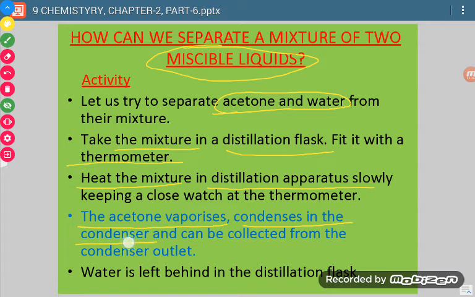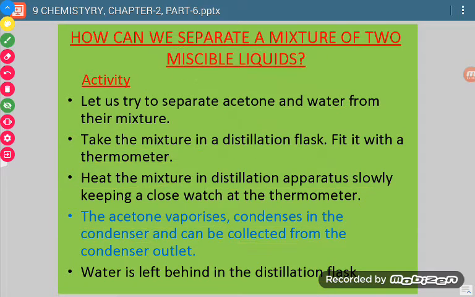That particular portion in which it undergoes condensation is called the condenser. And then it is collected from the outlet of the condenser. Water has a higher boiling point than acetone, so it will be left behind in the distillation flask.